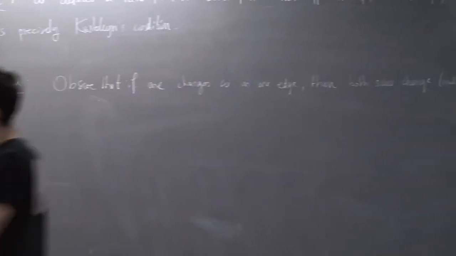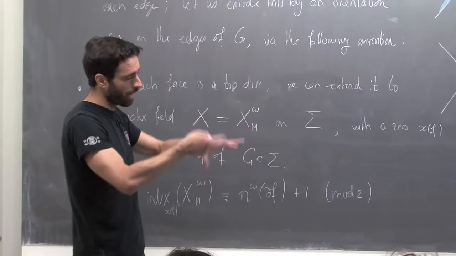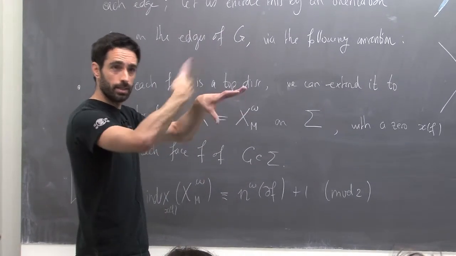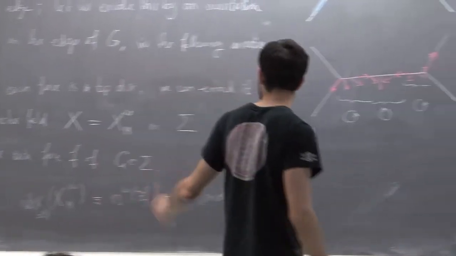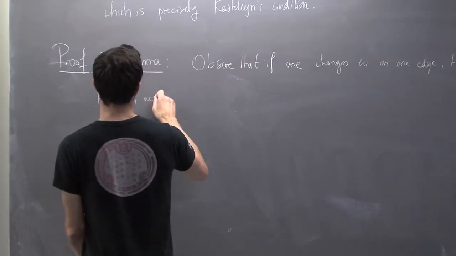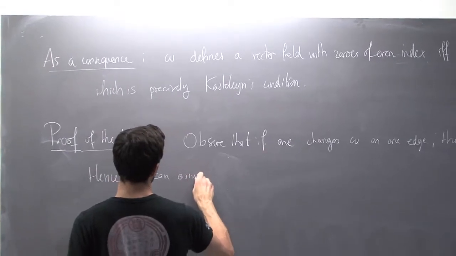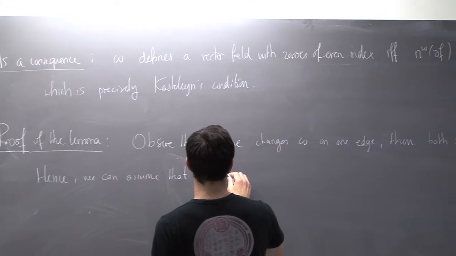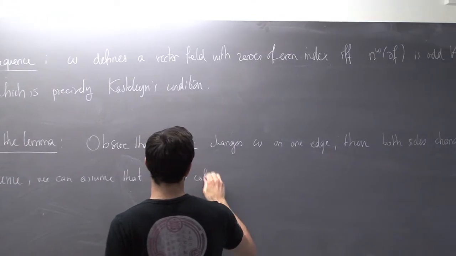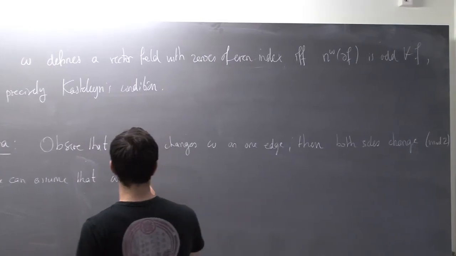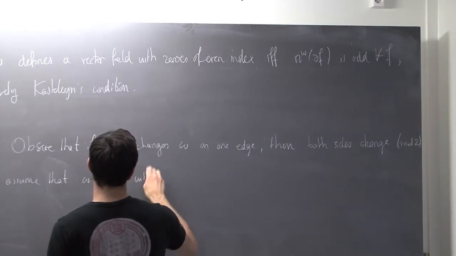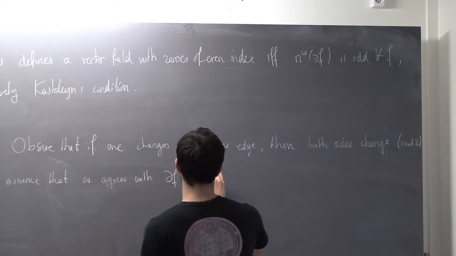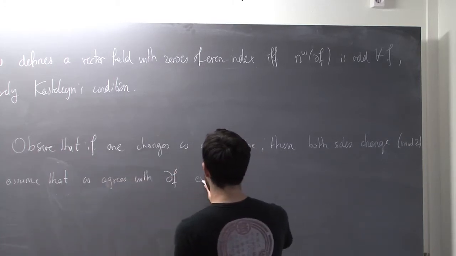Okay, so it means that what I can do, I can switch all the orientations so that I'm always going around the face in the counterclockwise direction, so meaning that n omega is equal to 0. So hence, we can assume that omega is coherent, agrees with the orientation on boundary of f everywhere.